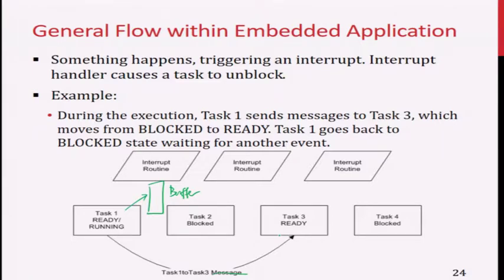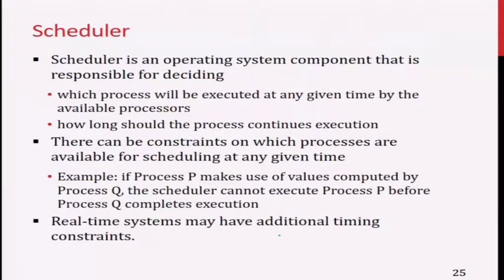Then I trigger task 3. When task 3 is running, task 1 may go back to a ready state or a blocked state, now waiting for the next trigger to happen. So this is the general flow of code and processing within an embedded system.